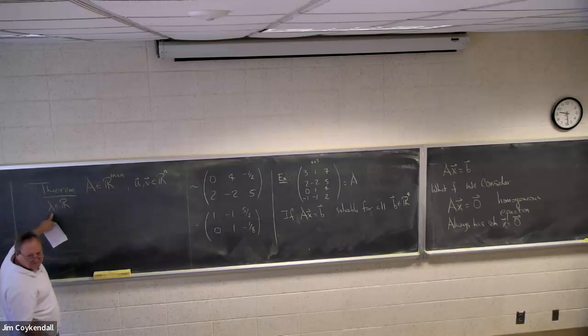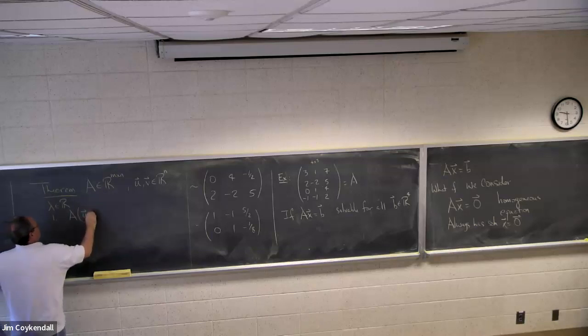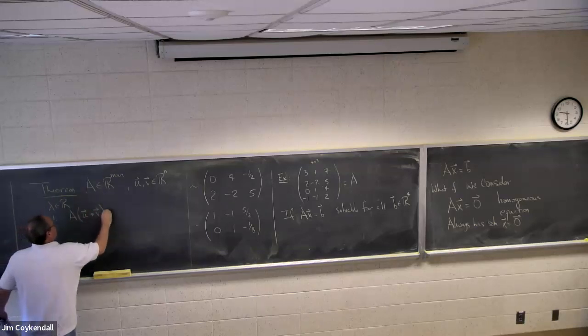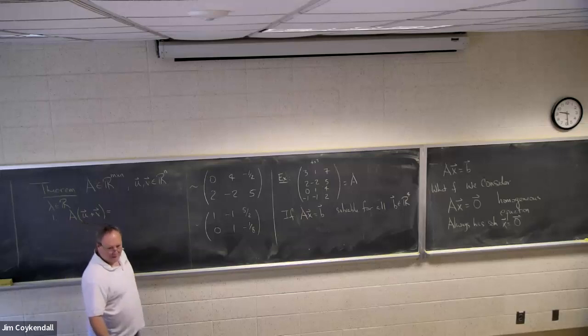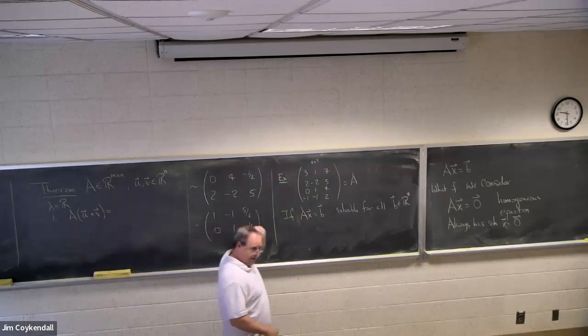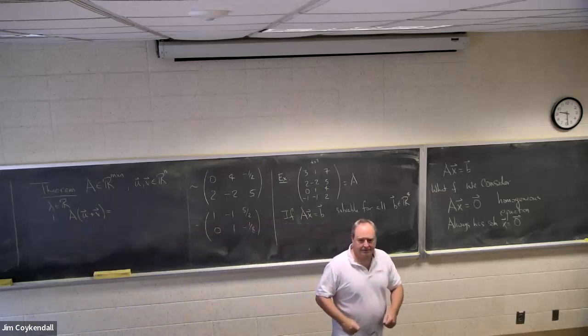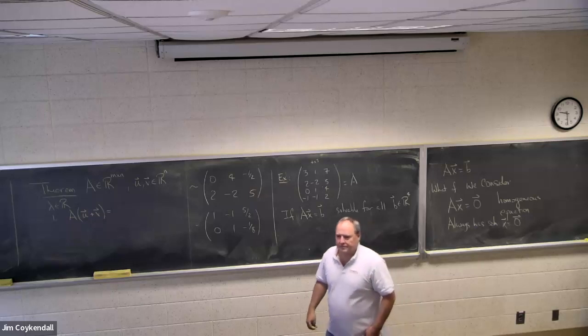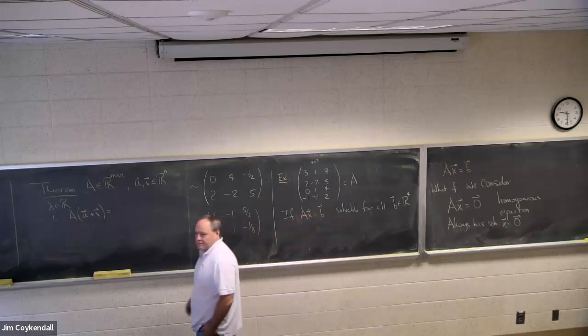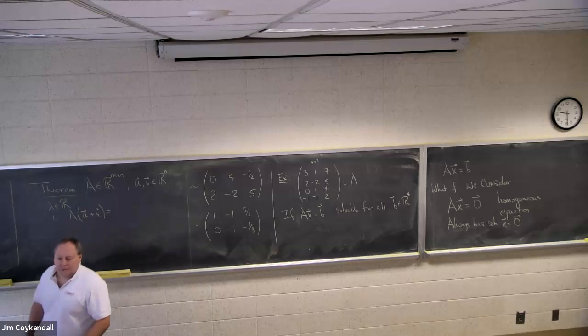This is just a number. That's it, just a number. Number one, when you multiply A times U plus V, what do you get? Well, this is the theorem I'm writing down.